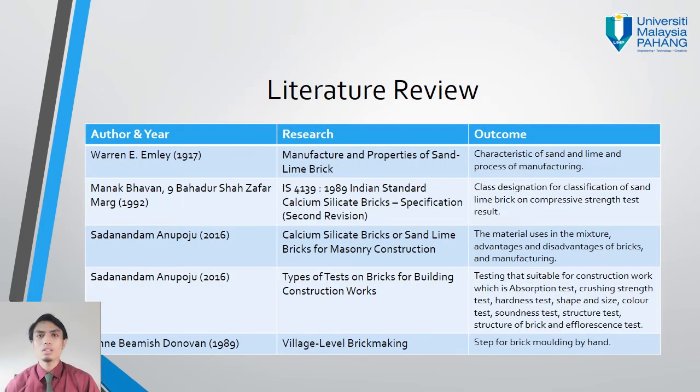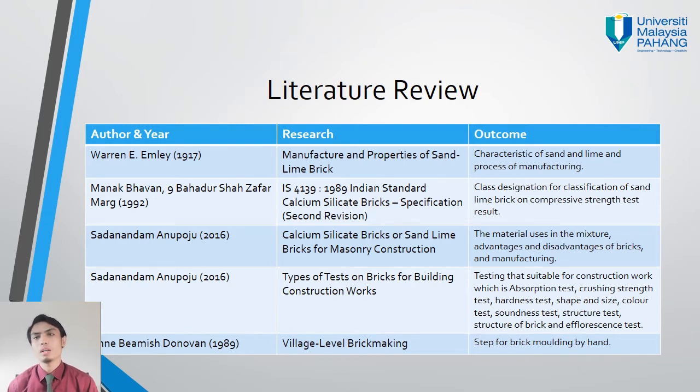This is a list of the literature review that I found from articles, journals, books and the internet. First is Manufacture and Properties of Sand Lime Brick by Warren E. M. Lee, 1970. From this article I can learn the characteristics of the sand and lime, and the manufacturing process.